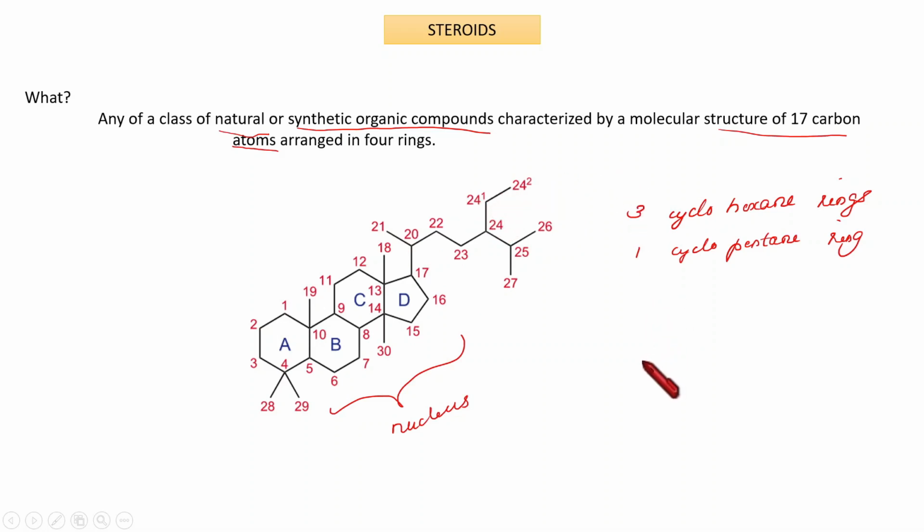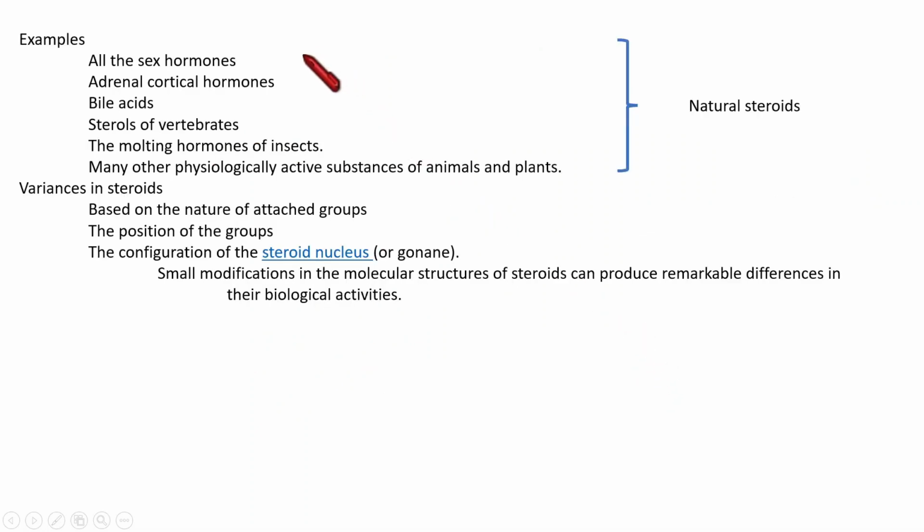Then let's see some examples. Okay, so examples include all the sex hormones that our body produces, then adrenal cortical hormones, bile acids, then sterols of vertebrates, molting hormones of insects, and many other physiologically active substances of animals and plants. They are all steroids.